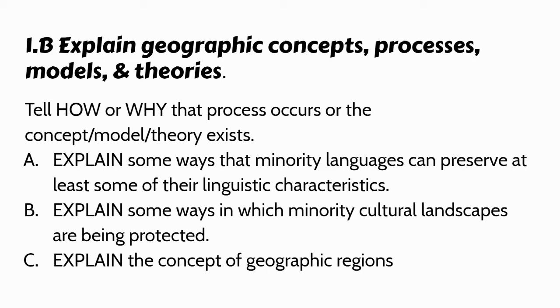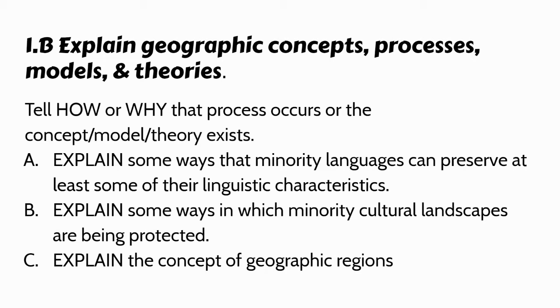Explain some ways in which minority cultural landscapes are being protected. You would probably talk about in some ways the way that governments get involved in order to protect cultural landscapes, because it's important to maintain a culture's individual characteristics, to avoid placelessness, etc., whatever it might be. Explain the concept of geographic region.